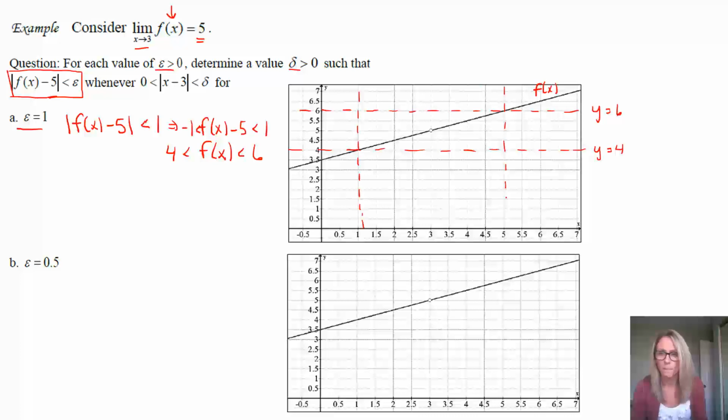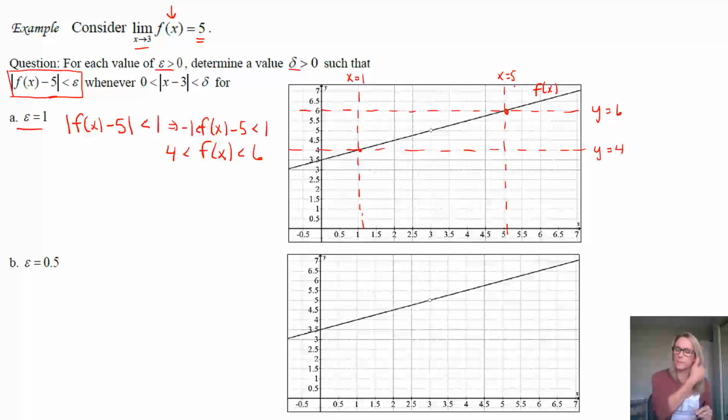Okay. So notice that's where we have the intersection of those two values. And then what we're paying attention to is what those x values are. So notice that we have at x equals 1 and x equals 5, we have the intersection.